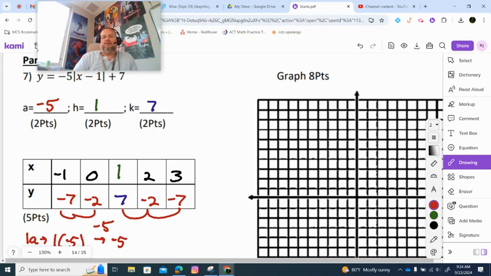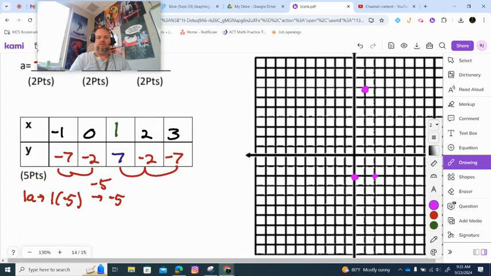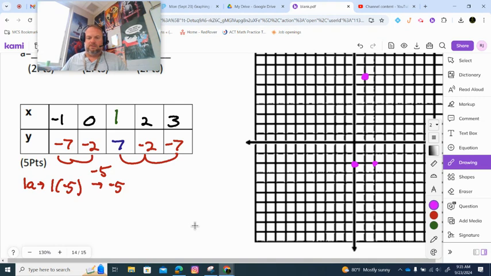All right, so let's see if I can actually graph this one right this time. There was a discrepancy last time. So 1, 7, 10, 9, 8, 7. Then -2. 9, 8, 7.